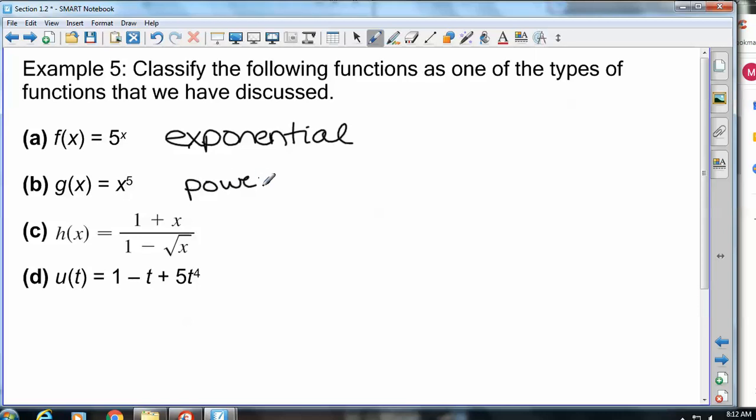This is a power function. What's the other thing you could call it? Look back through your sheet, things we talked about. We did linear, polynomials, powers, rational, algebraic.